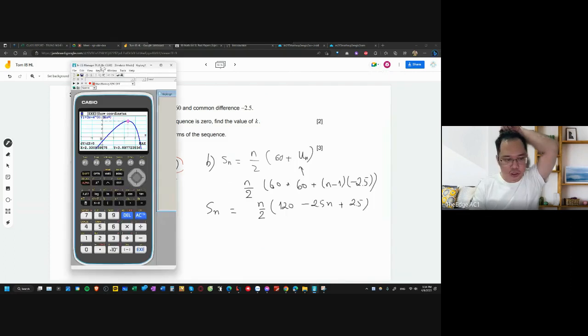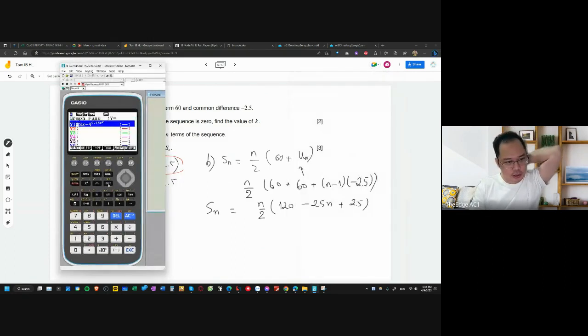Put that function into this calculator. Exit. Delete this function. Enter the new function. n over 2, which is x over 2. And you should put the bracket in, times bracket 120 minus 2.5x and plus 2.5.